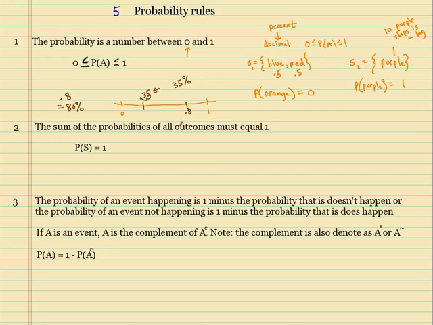This is very important. The sum of the probabilities of all outcomes must equal 1. Another important thing to note is that not all outcomes are equally likely sometimes. For example, let's say we're picking colors from an M&M bag, and of course all colors aren't equally distributed in the bag.